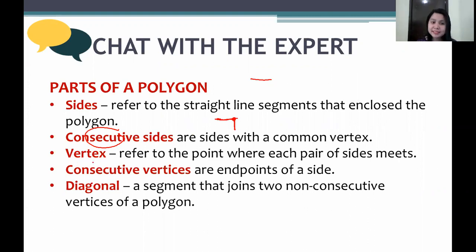The vertex is the point where the pair of sides meet. If you say consecutive vertices, these are the endpoints of a side. And a diagonal is a segment that joins 2 non-consecutive vertices. Example, remember we name a point using capital letters.